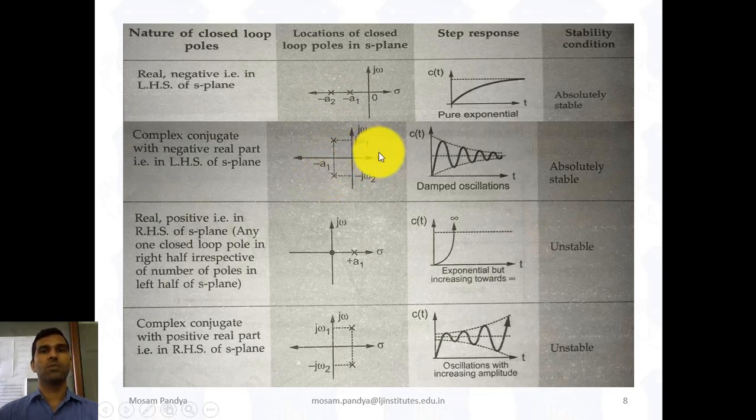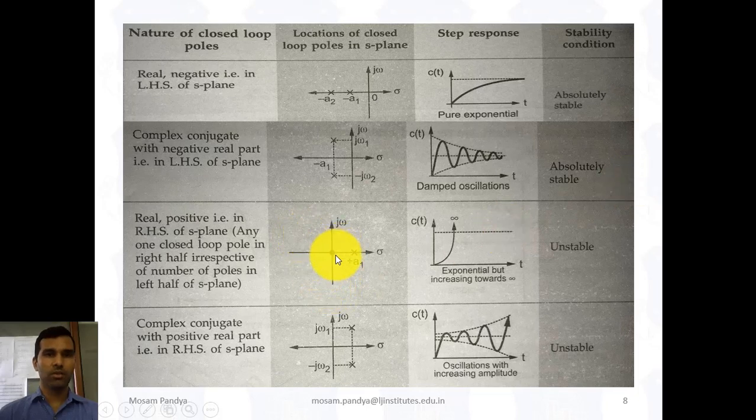This is the transfer function representation. See here, initially it oscillates but it tries to reach steady state, and it achieves steady state. So this is a stable system. If a system is not stable, then we require a controller, and by using that controller we can stabilize the system.